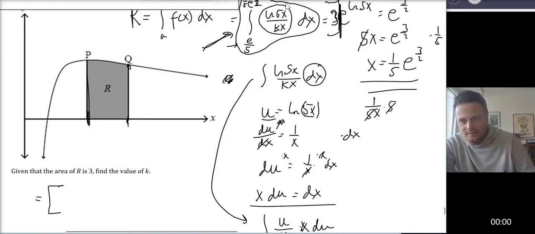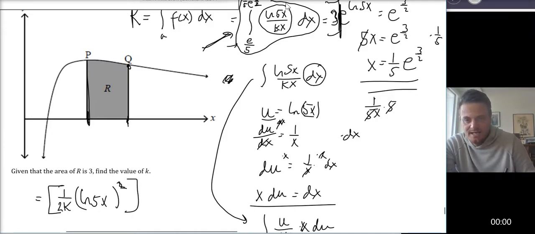So you need to find the antiderivative, and the antiderivative, as I just showed, was 1 over 2k times u, which was ln of 5x squared, and actually plus c. We don't need plus c, and the limits are like this messy stuff here.